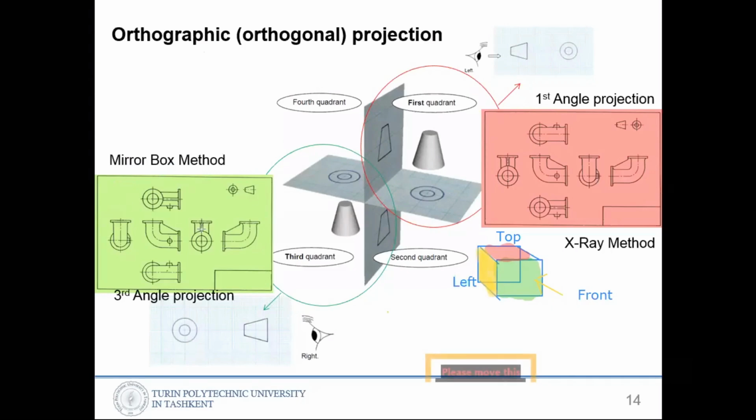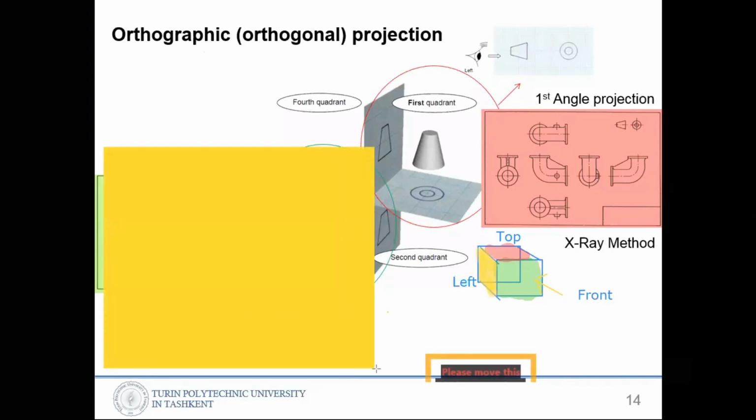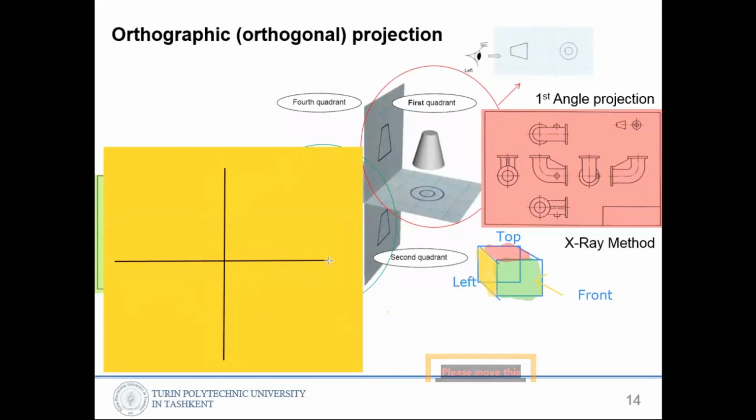Okay, let me draw like this. So we have a page. In the page, you have to make like this 10 lines. You have to divide your page into the 4 parts, using very thin lines, and then you have to draw what you see in the front view here.